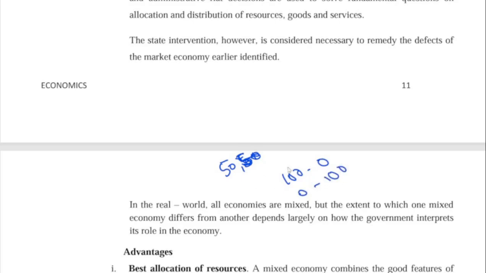What do I mean by 50-50? 50 capitalist, 50 socialist, or 100 capitalist, 0 socialist, or 0 capitalist, 100 socialist. It's not possible. It could be 60-40. We have a ratio that is not 50-50.